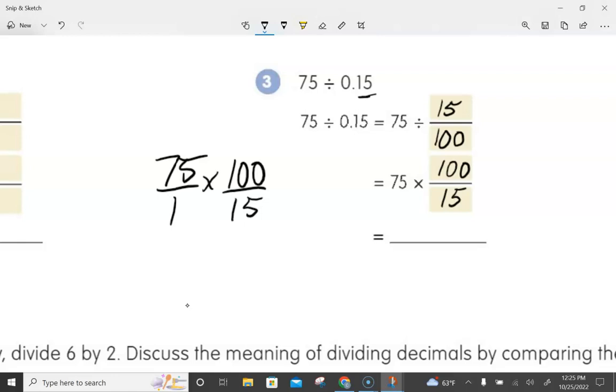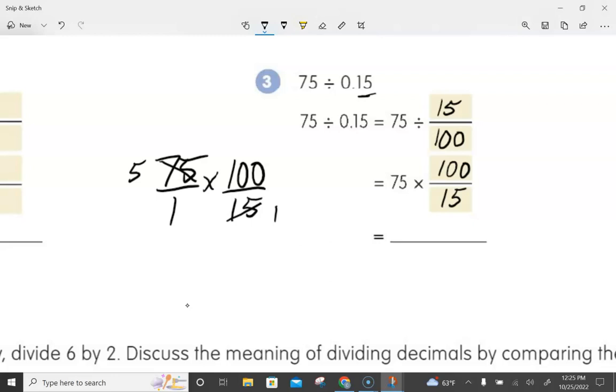What I'm going to do is think about what number can go into both 15 and 75. What would be the greatest common factor of those two numbers? And 15 is the greatest common factor of 15 and 75. So I'm going to take 15 divided by 15, that changes it into a 1. 75 divided by 15, that's going to be 5 now.